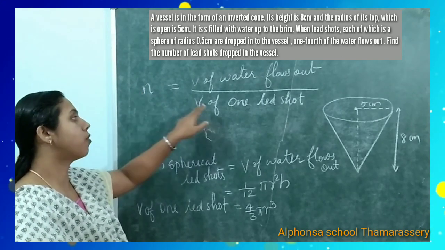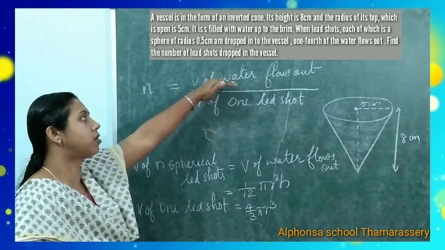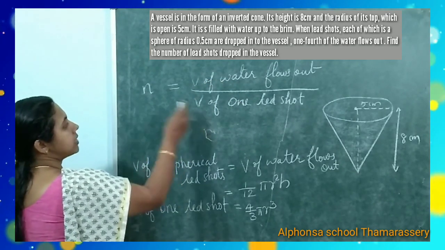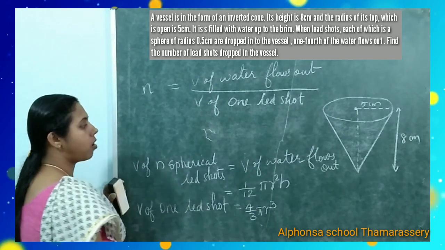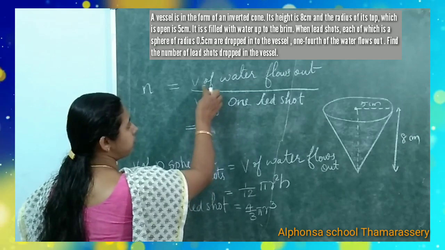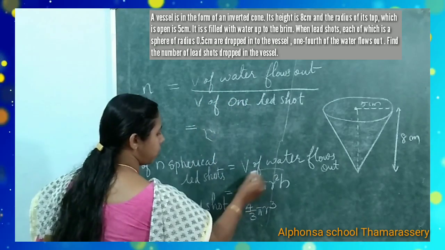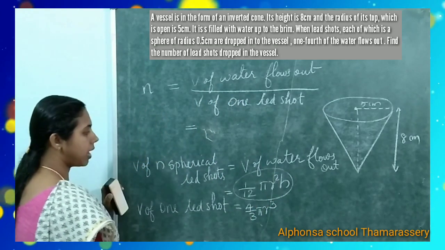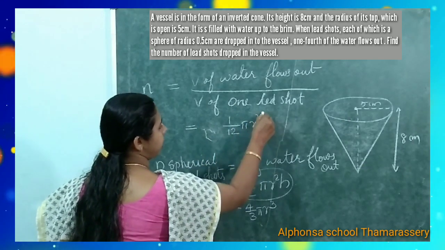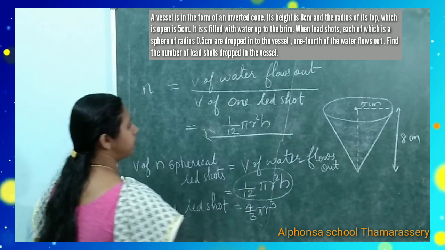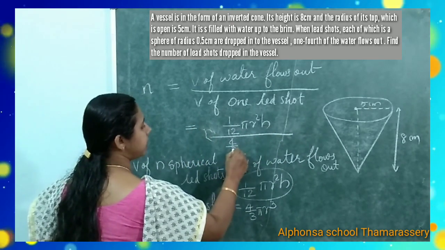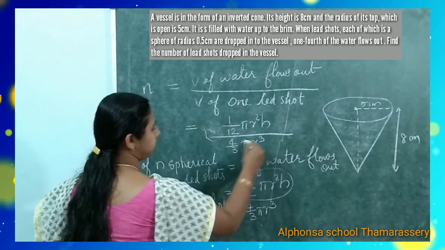Then n into the volume of one lead shot will be equal to the volume of water that flows out. So n is equal to the volume of water that flows out divided by the volume of one lead shot. We know the volume of water that flows out is 1 by 12 pi r square h, all divided by the volume of one lead shot, which is 4 by 3 pi r cube.